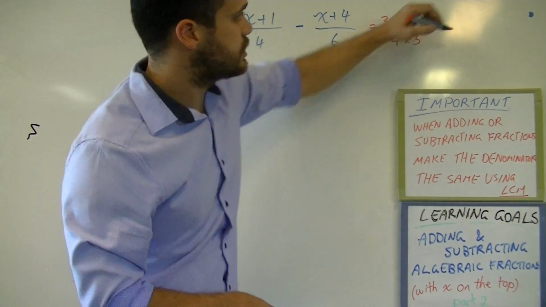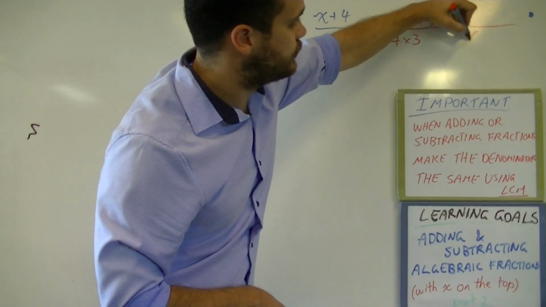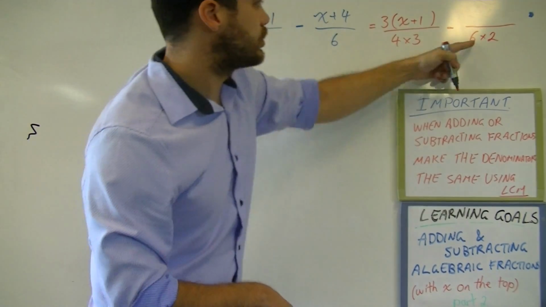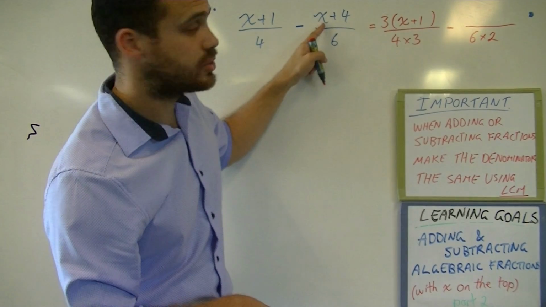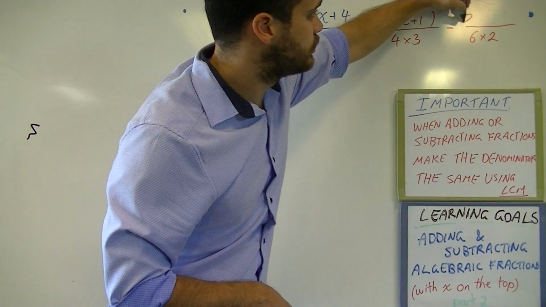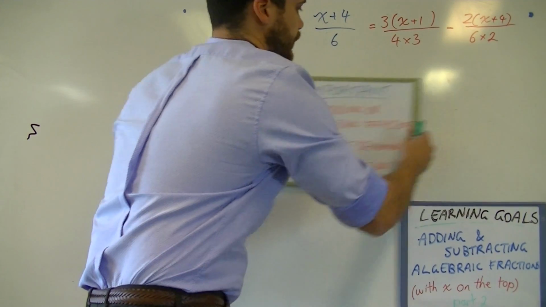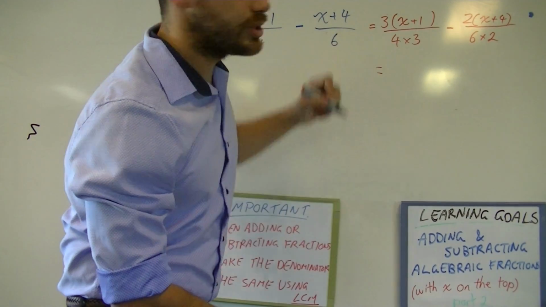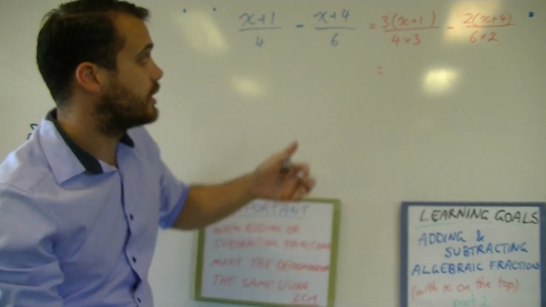Now this minus, 6 times 2 is going to give us 12. So we'll just do 6 times 2. And then we need to take that 2 and bring it to the top because we need to do 2 times everything on the top. Okay. Now it's really just a matter of working through this question after that.